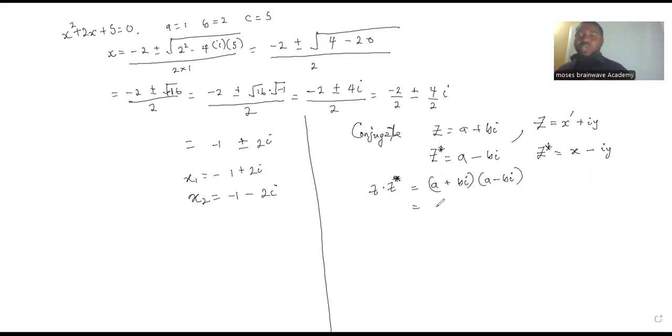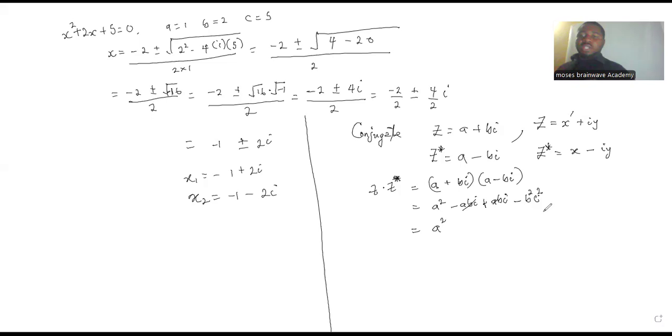So I have a squared, since a multiplied by a gives a squared. A multiplied by bi is minus abi. We have bi multiplied by a, this is plus abi also. Bi multiplying another bi gives minus b squared, since we also have i squared. This and this can cancel out.